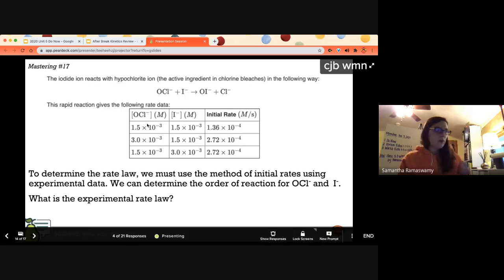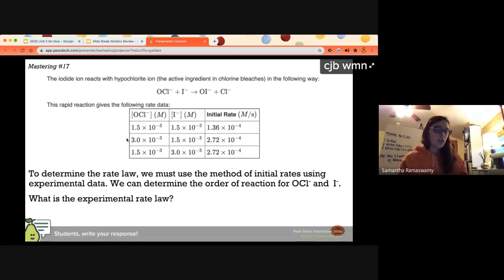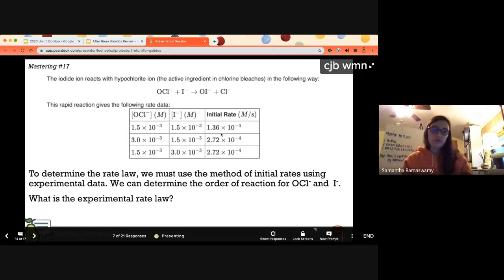And remember, when you're looking at this, and I see some people are typing in their rate law, remember that you want to look at how one reactant changes while the other remains constant. And see, what does that do to the rate? What happens when you change one concentration? What does that do to the rate?